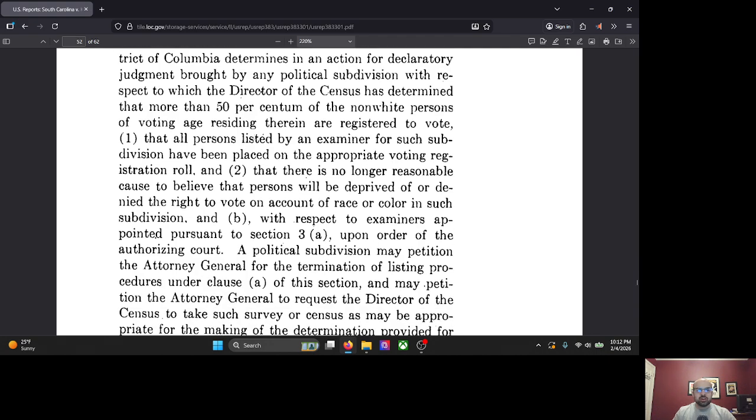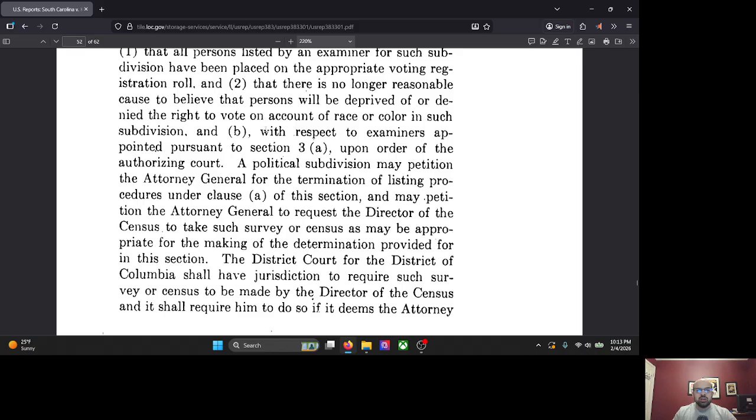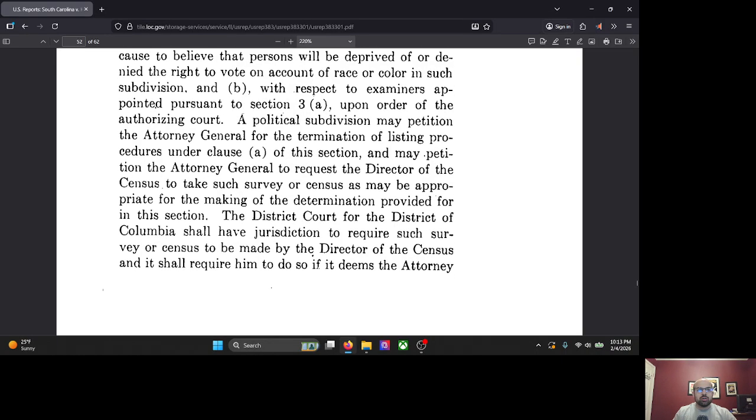1. That all persons listed by an examiner for such subdivision have been placed on the appropriate voting registration roll, and 2. That there is no longer reasonable cause to believe that persons will be deprived of or denied the right to vote on account of race or color in such subdivision, and B. With respect to examiners appointed pursuant to Section 3A, upon order of the authorizing court.